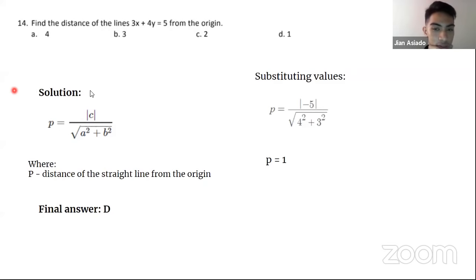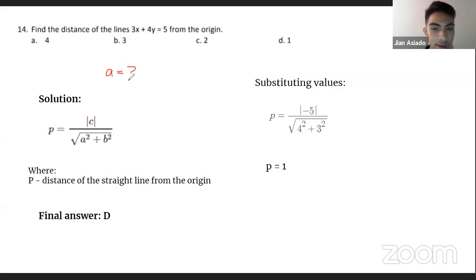Tapos yung A mo is equal to 3, and then your B is equal to 4, and then 5, yun yung C mo, negative 5. Ilipat mo dito sa kabila. So, 3x plus 4y minus 5.